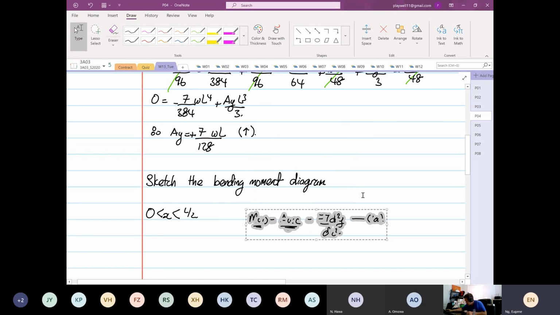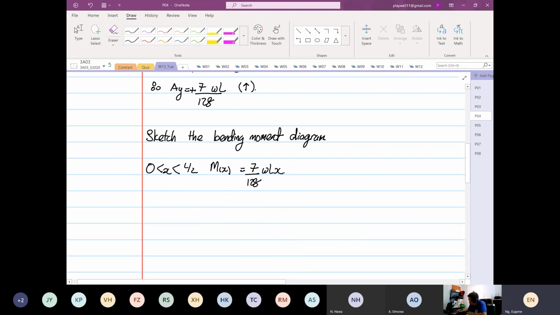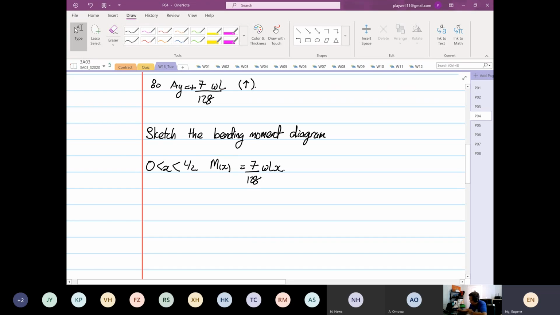So we have M as a function of x is equal to AYx. So it's equal to 7 over 128 omega Lx. So we know that the function is a straight line.